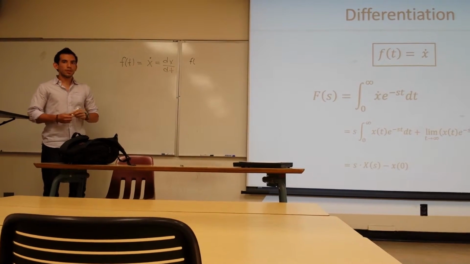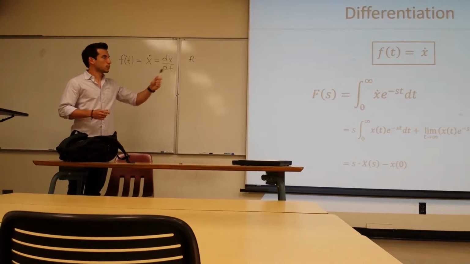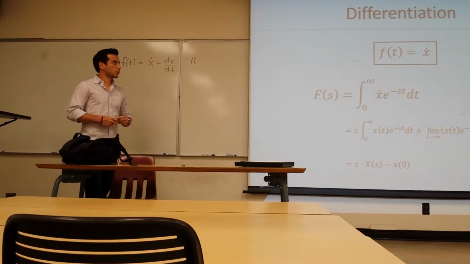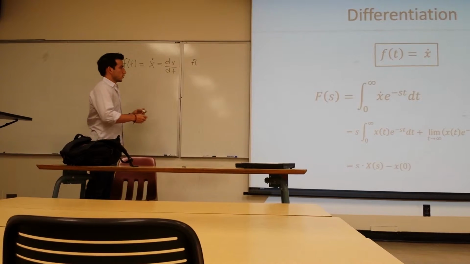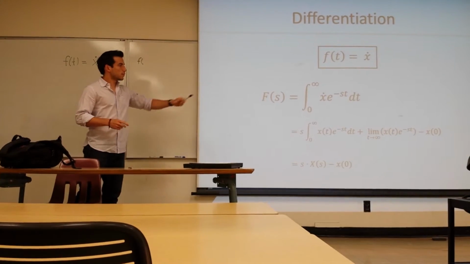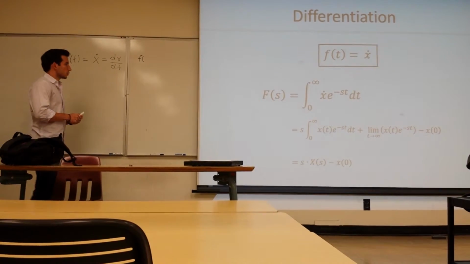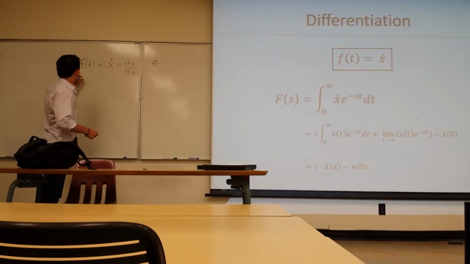So let's see, if we take the Laplace transform of a derivative with respect to time, what would it be? From the previous slide, we know the definition of the Laplace transform, so we can do it this way.